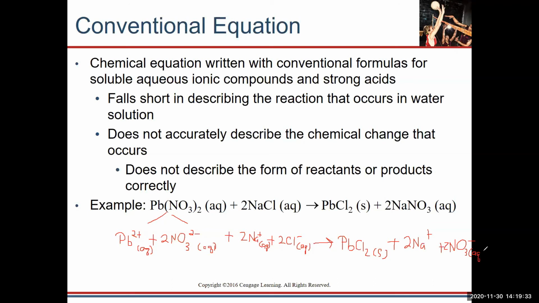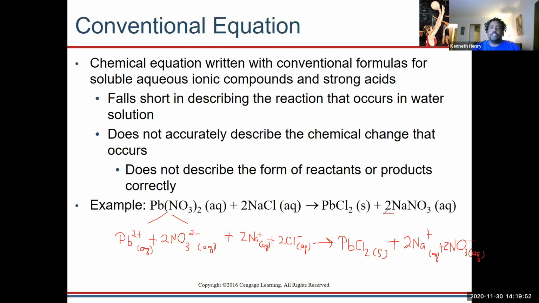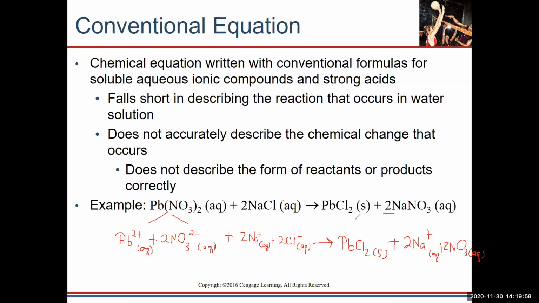Why is it a 2 NO3? Is it because the 2 from the 2 NaNO3 distributes to both the sodium and the nitrate? Yes, right. Because it's telling you that you have 2 sodium nitrates, so you're separating both.